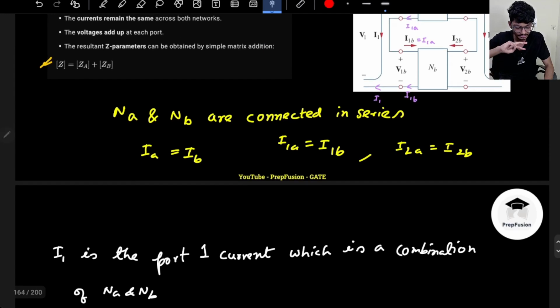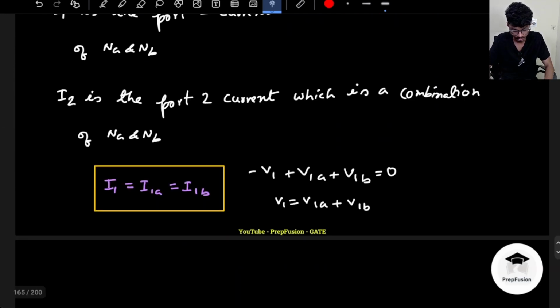Let me write the Z parameters for network A and network B. Let me write the equations.